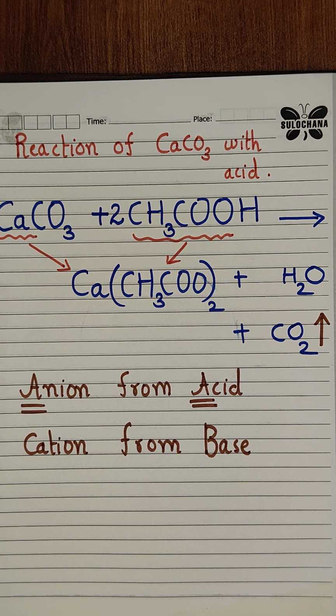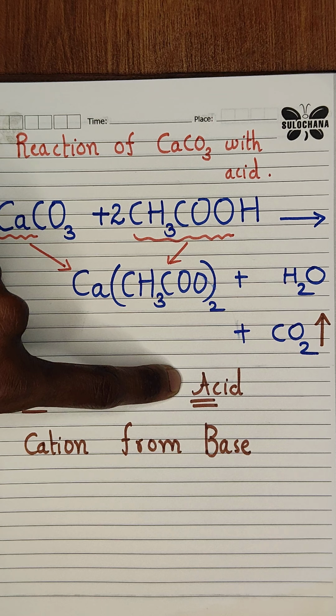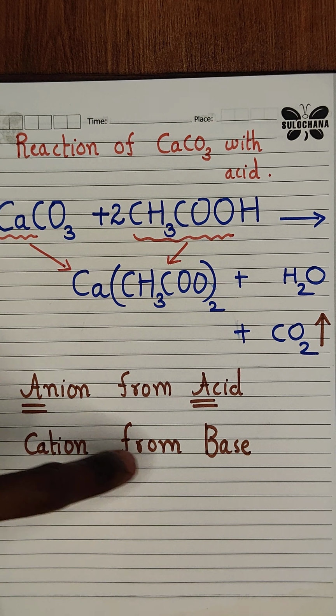Okay, now also in this reaction, in the salt there is one cation and one anion. Cation is always coming from base and anion is always coming from acid. So how will you remember this? Anion A, acid A. So anion comes from acid, so cation will automatically be coming from base.